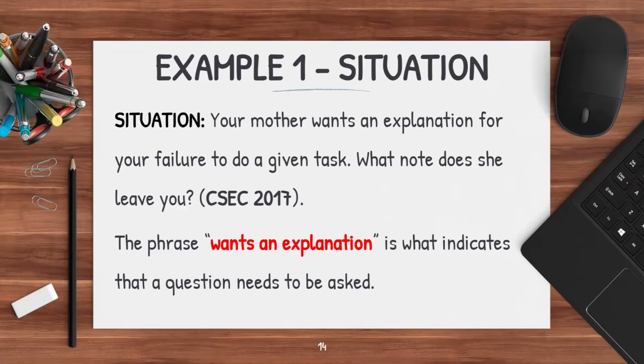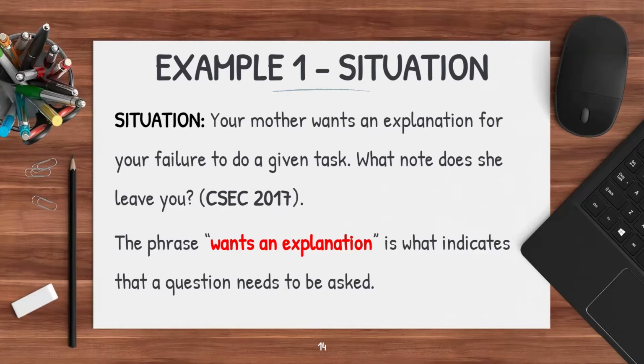The phrase wants an explanation is what indicates that a question needs to be asked. Usually, when someone wants an explanation for a particular action or for something that has happened, they usually ask you a question so that you can provide them with an explanation.